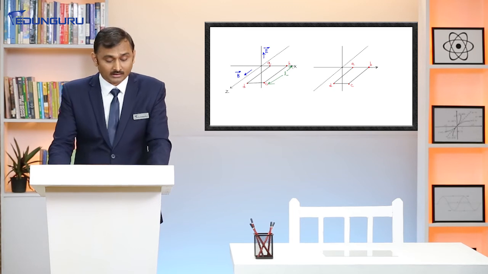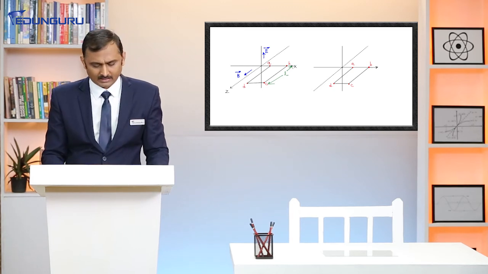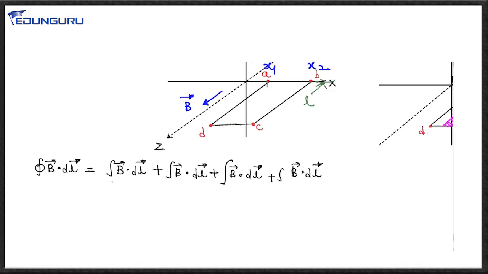So let us try to find out this loop integral of B dot dl. Here we are moving from A to D, to C, to B, and then again from B to A, right.